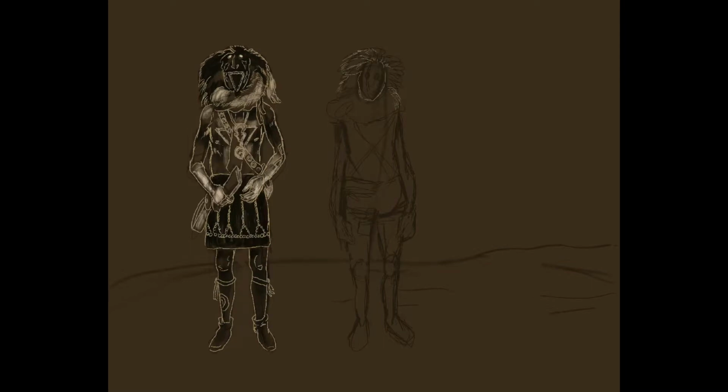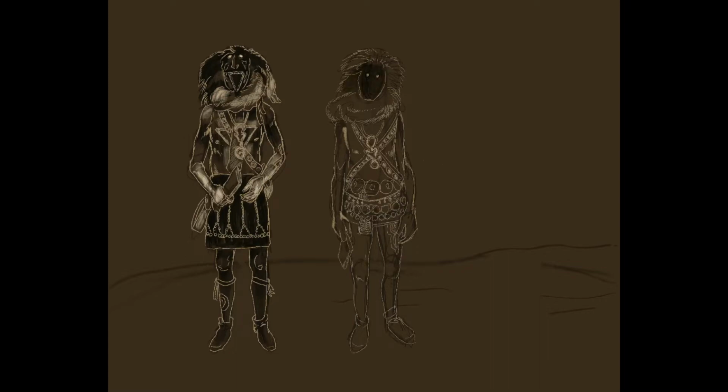So the skinwalker is part human, just somebody who wants to do bad and go against you, but also by wearing, let's say, the skin of a coyote or the skin of a bear and then performing certain kinds of magical rites, it is believed that they can also become like those animals.